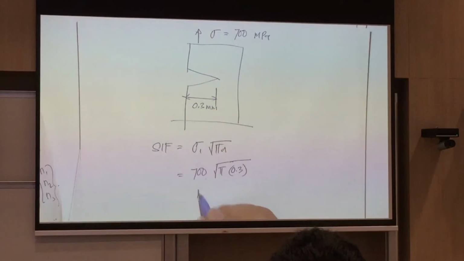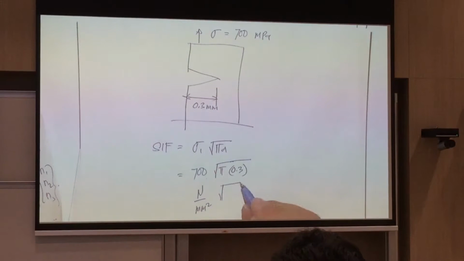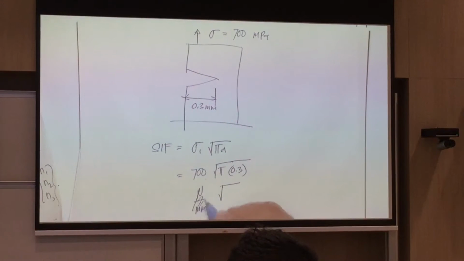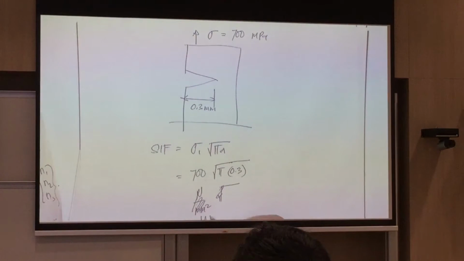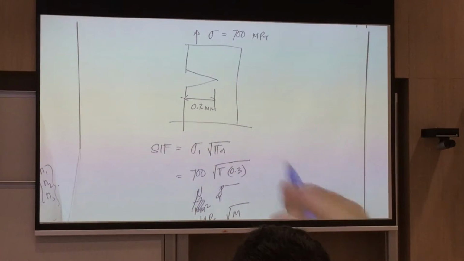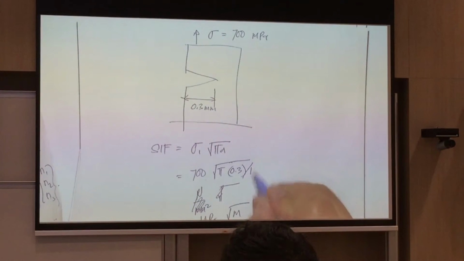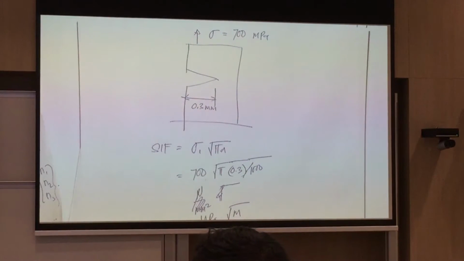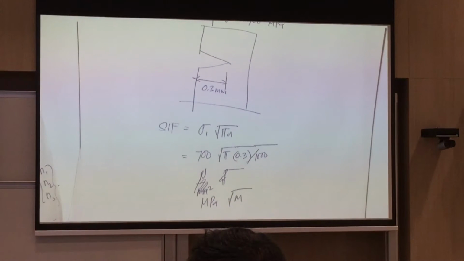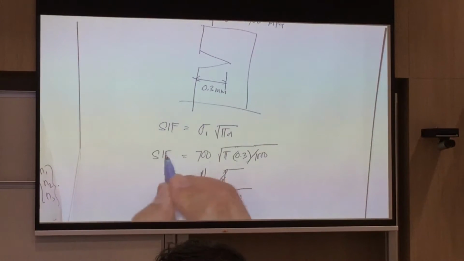Let's check the units: megapascal square root of a meter. So we have to divide this one by 1,000. So that's your stress intensity factor.